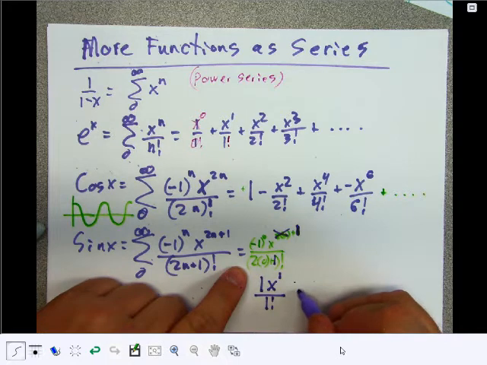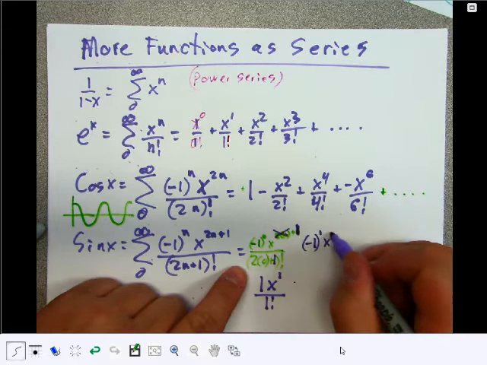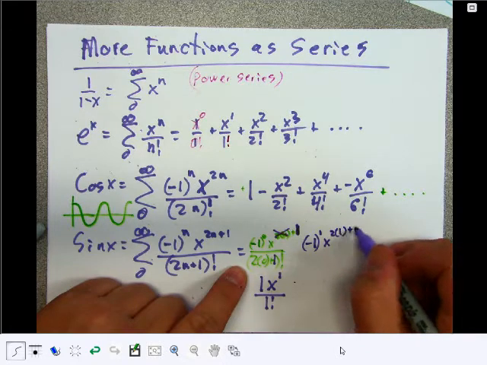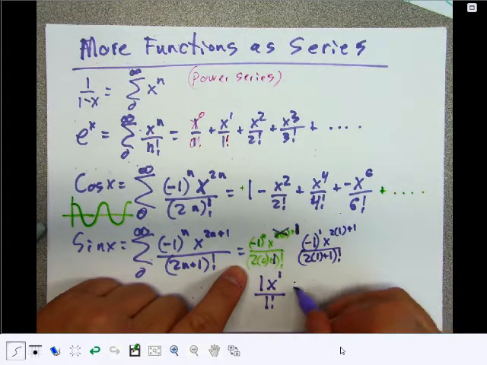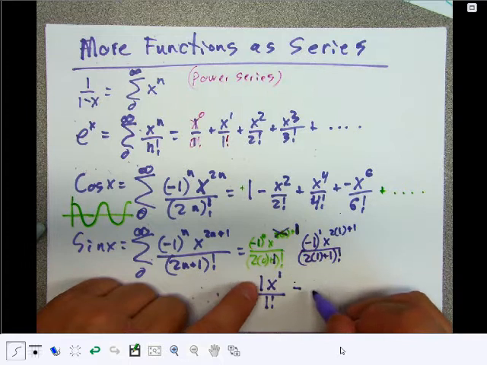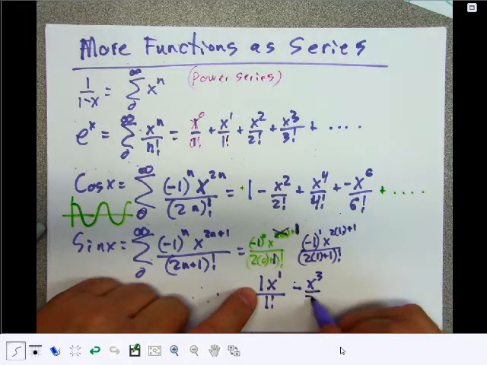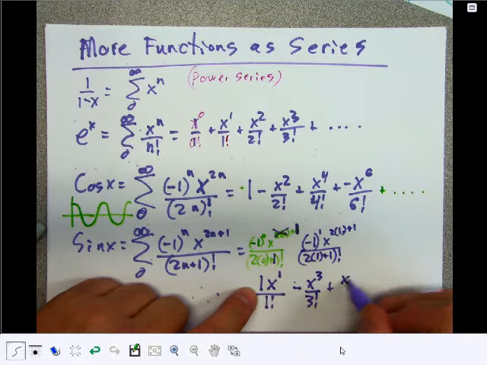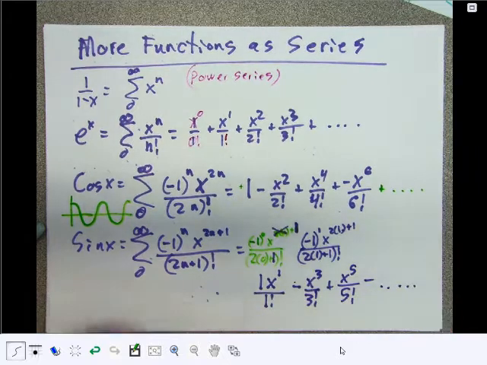For the next piece, when we plug in negative 1 to the first, x to the 2 times 1 plus 1, all over 2 times 1 plus 1 factorial, we end up with a negative sign, but then also x to the 3 over 3 factorial. Before long, you should be able to recognize the pattern as it begins to come at you. And you end up with sine here.